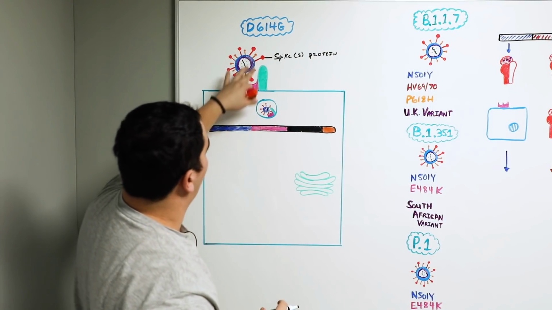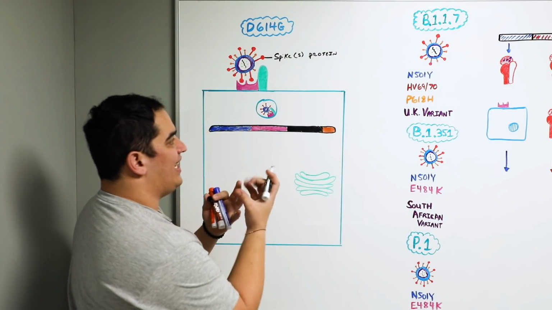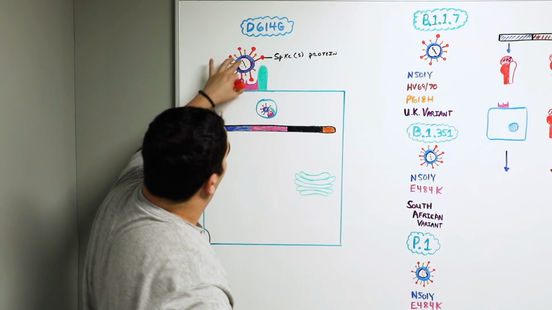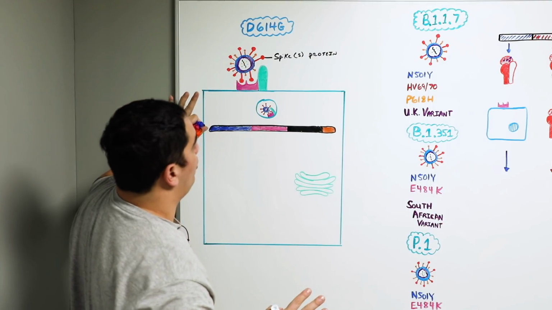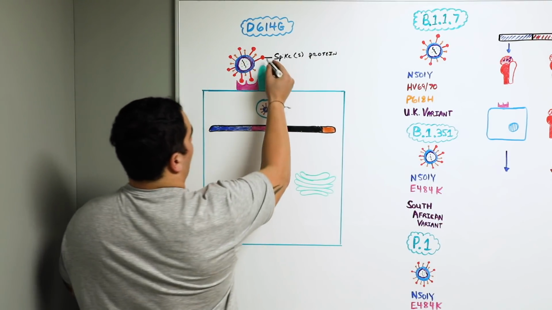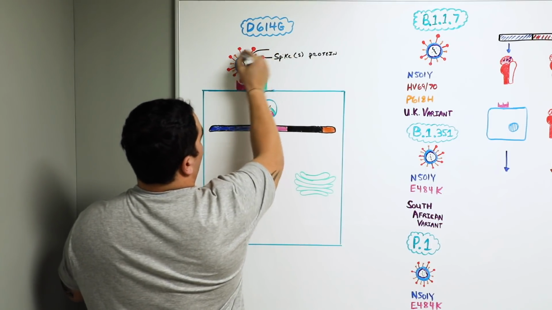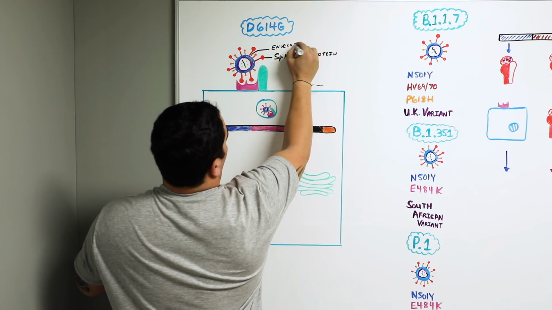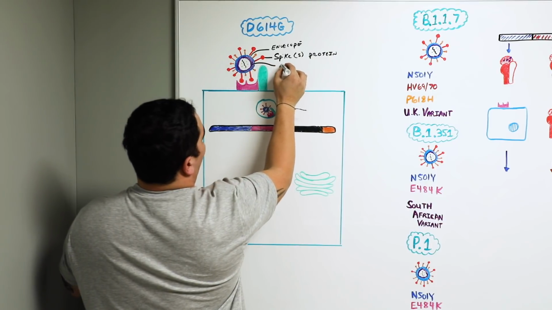But you have to remember again that this virus is enveloped. So this blue structure there just represents the envelope, which is like a phospholipid bilayer. Then what's important is that inside of that virus you have a bunch of proteins. This purple protein is called the nucleocapsid. So again, you have your spike protein, this blue structure here, which is called the envelope, and this purple structure here, which is your nucleocapsid.